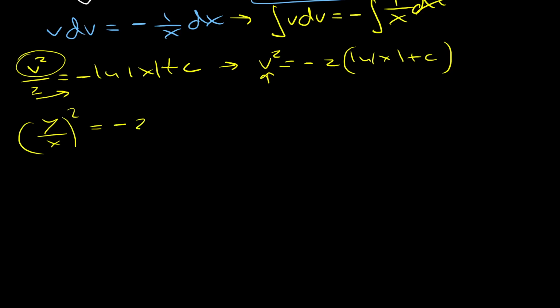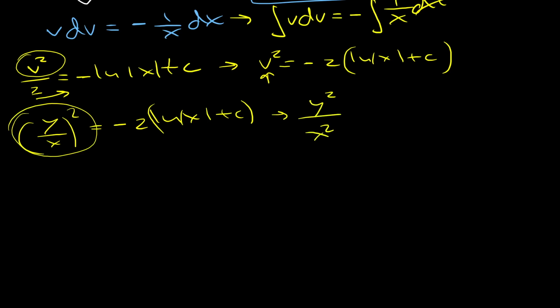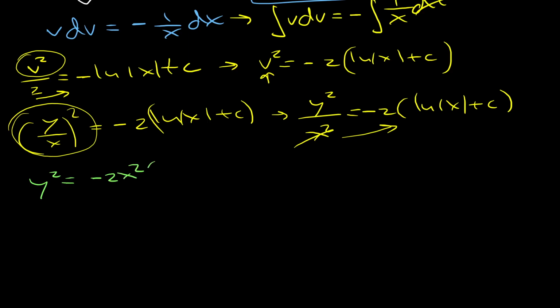So this is the expression: (y over x) squared equals minus 2 ln of x plus c. We can take the x squared out and get it there. What we are left with is y squared equals minus 2x squared times ln of x plus c. This is our final expression.